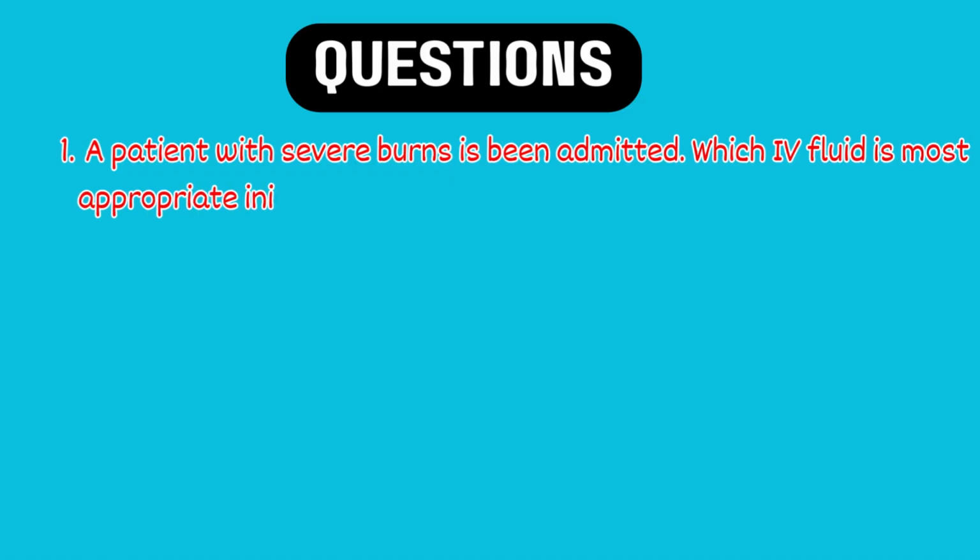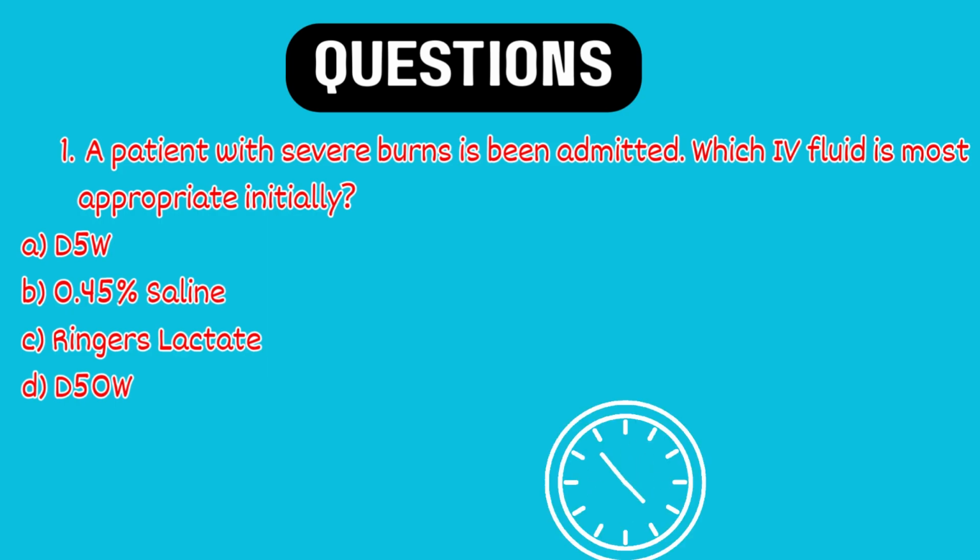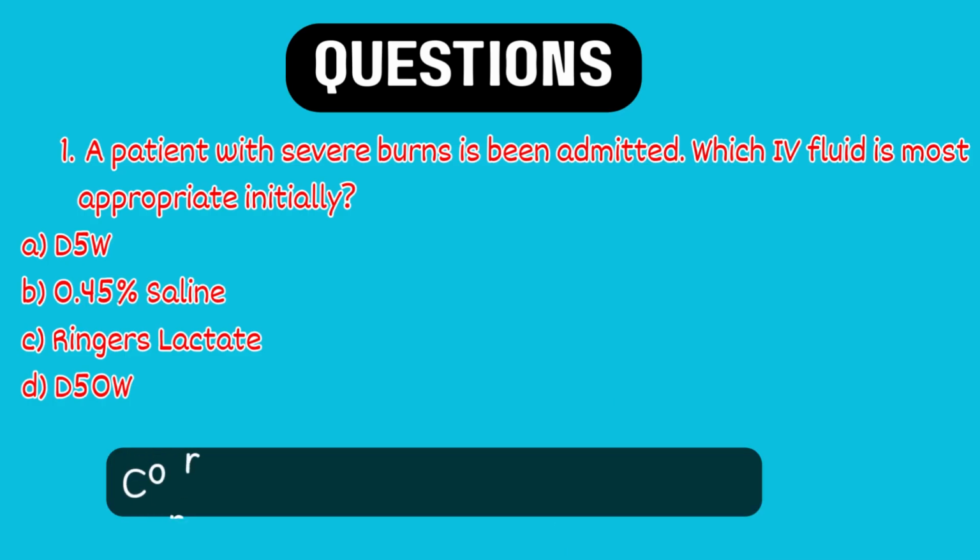A. dextrose 5% water, B. 0.45% saline, C. Ringer's lactate, and D. dextrose 50% water. What would be your fluid to administer? If you mention Ringer's lactate, then you are correct.